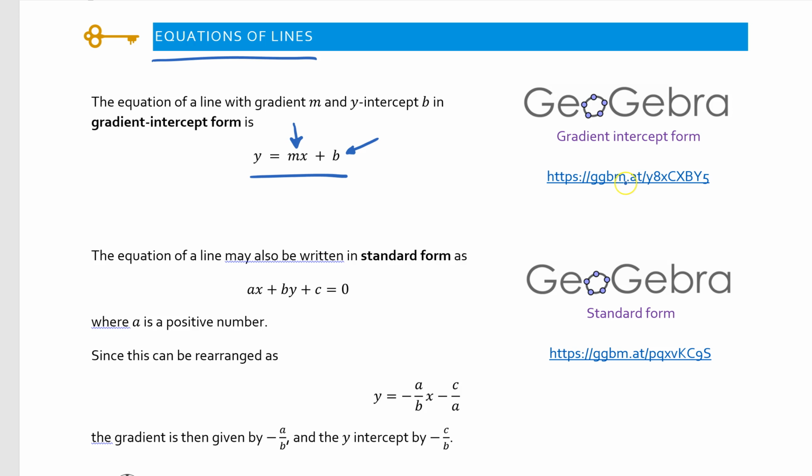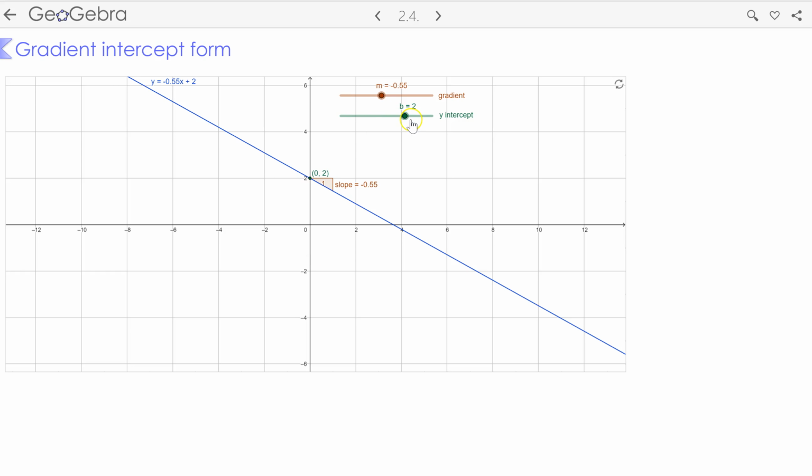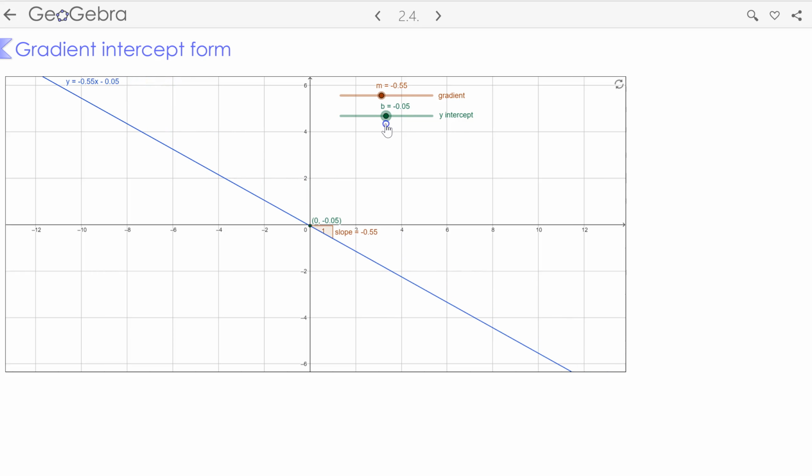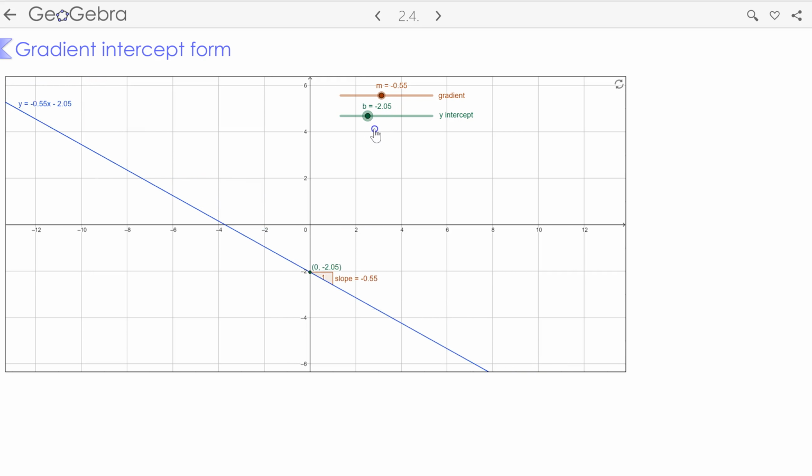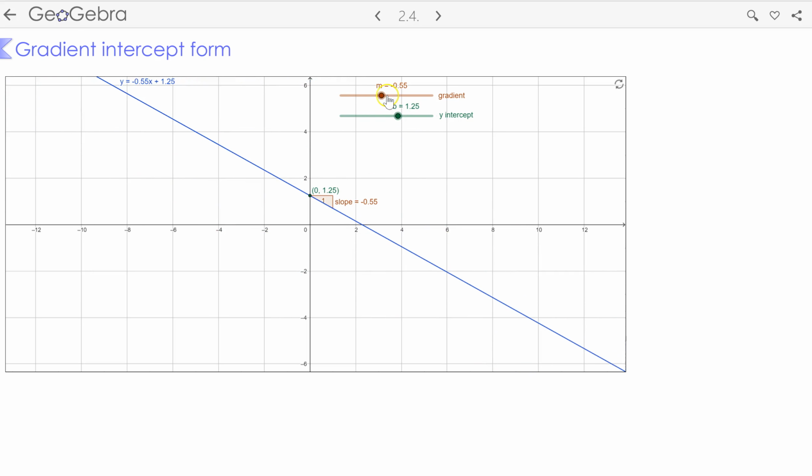So if we have a very quick look at the gradient-intercept form on GeoGebra, as you will have known since year 8 probably, as we change the y-intercept, so we vary that, when the y-intercept is 0 or close enough, the line passes through the origin. Change the gradient, so this is a negative gradient.